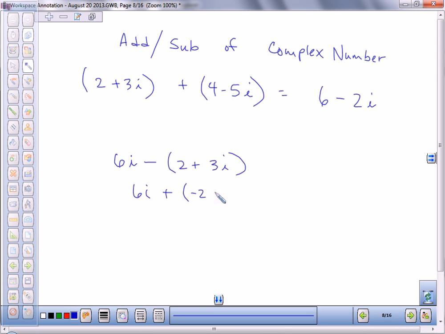Well, there's only one real number part, so that's it for the real number parts. And then we would combine our imaginary parts, and that would give us 3i. So when you add or subtract, you're just combining the real part with the real part, the imaginary with the imaginary. With subtraction, just make sure you distribute the negative, and you treat it just like an addition problem.